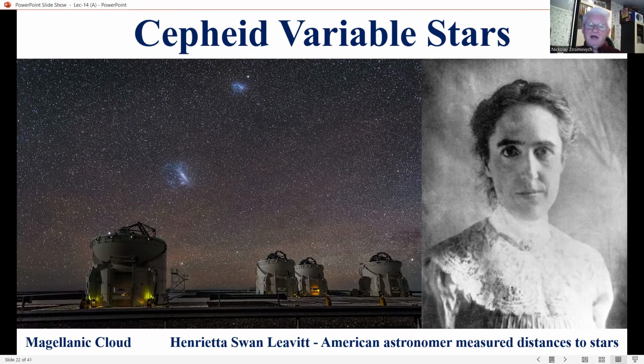In 1912, Henrietta Leavitt was studying a star cloud in the southern sky, known as the Small Magellanic Cloud. On her photographic plate, she found many variable stars, and she noted that the brightest had the longest period, the time it takes a star to complete a cycle from bright to faint to bright.